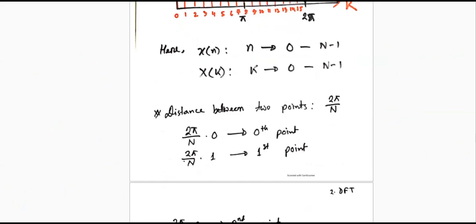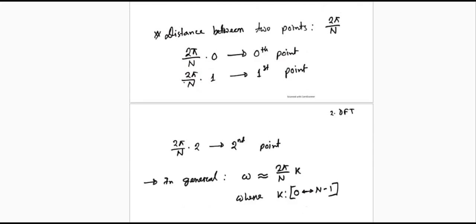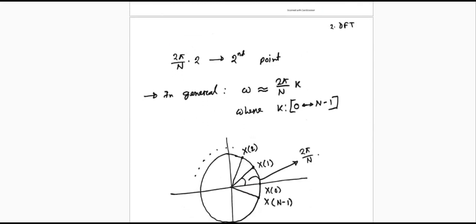I have already mentioned here that the distance between 2 points is twice pi by n. For the zeroth point multiplied with 0, for the first point multiplied with 1, for the second point multiplied with 2.